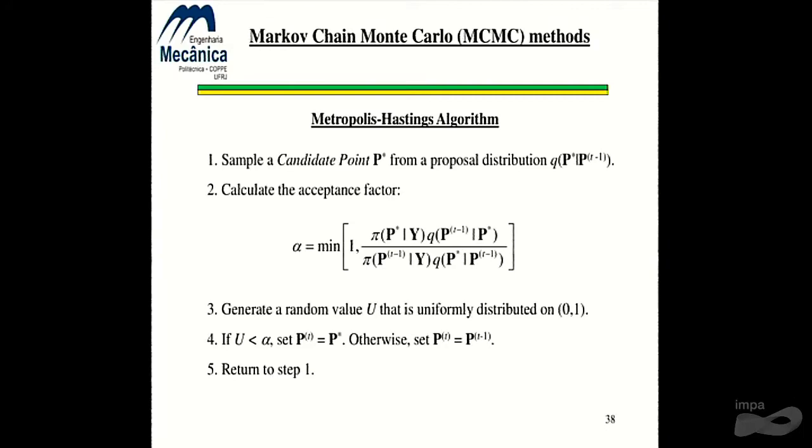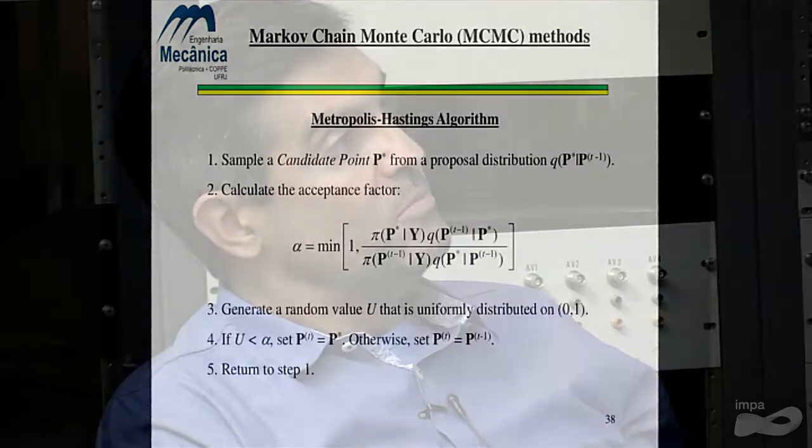And then we compute this acceptance factor. It's also called the Metropolis-Hastings ratio, which is basically a ratio of the posteriors at the candidate point and at the point at the previous state, multiplied by the ratio of the proposal distributions for moving from P star to P t minus 1, and P t minus 1 moving to P star. And then we generate a random value U that is uniformly distributed between 0 and 1.